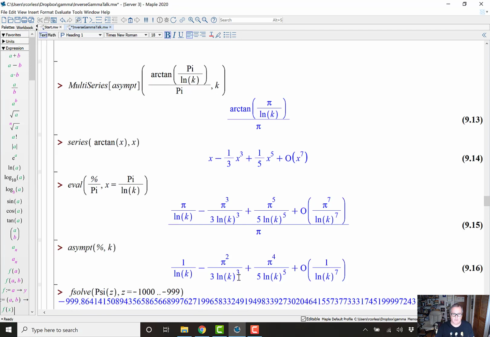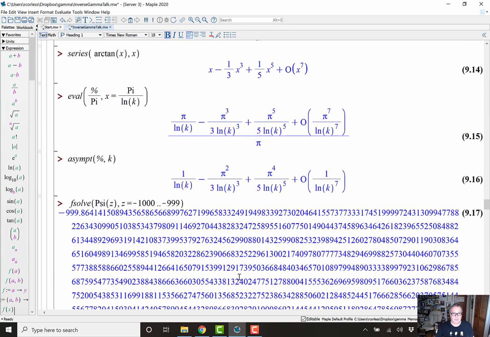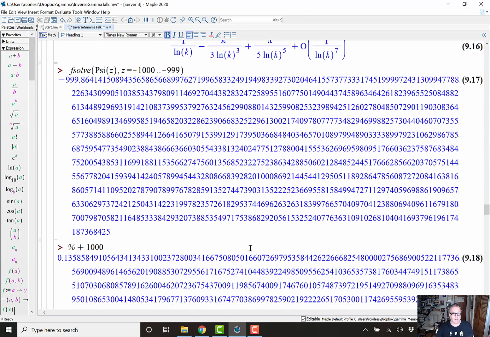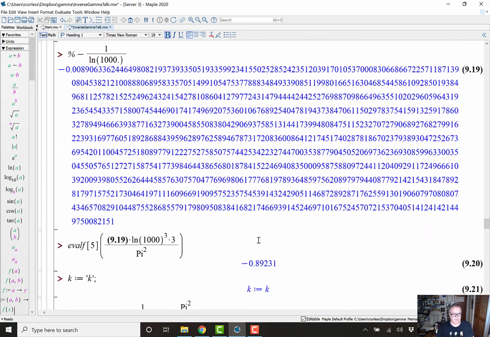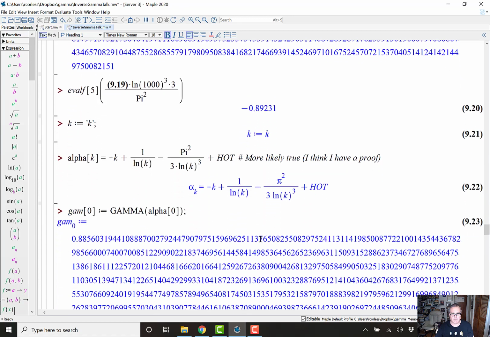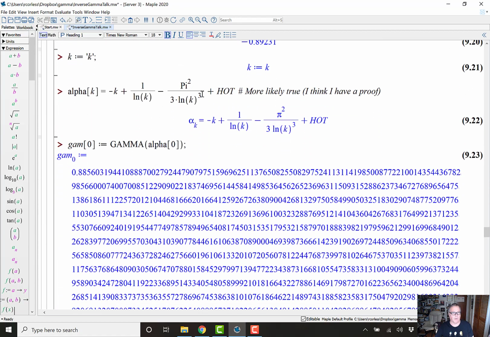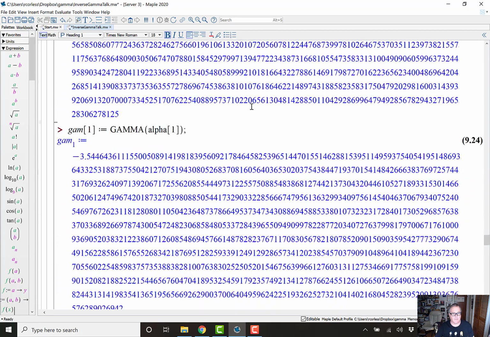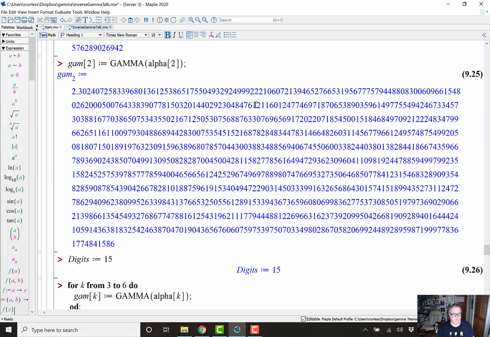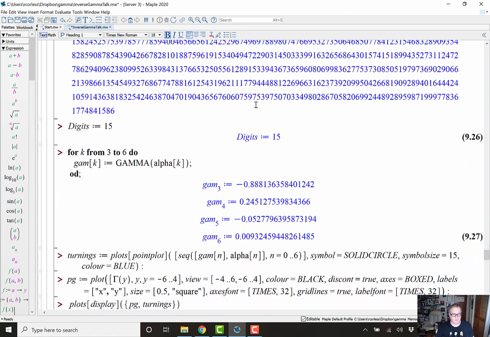Logarithmic growth is rather slow. But we skip over all of these numbers here, which are just checking those next terms. And I think I have a proof for this as being the next order. Let's skip all over those and just look at how well it performs.